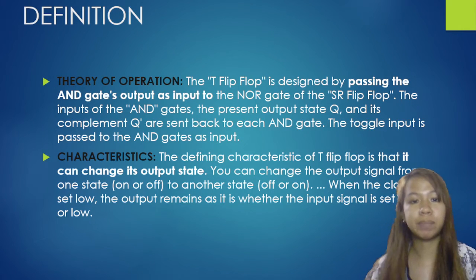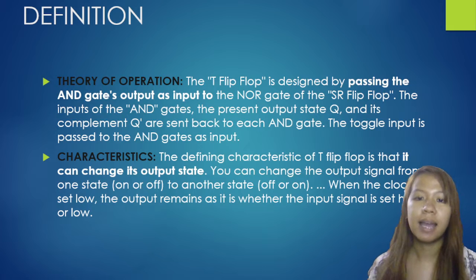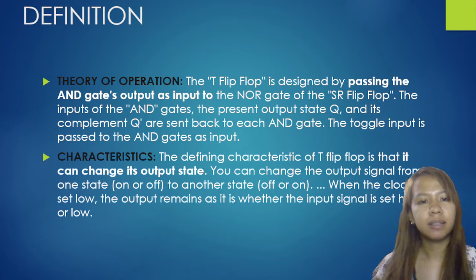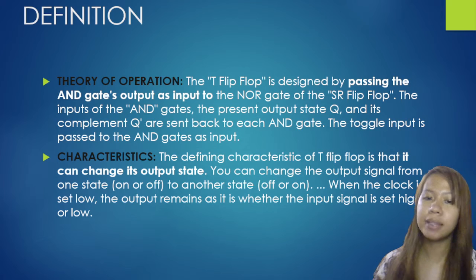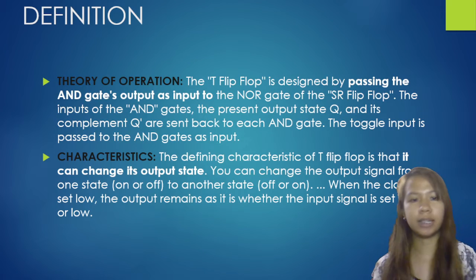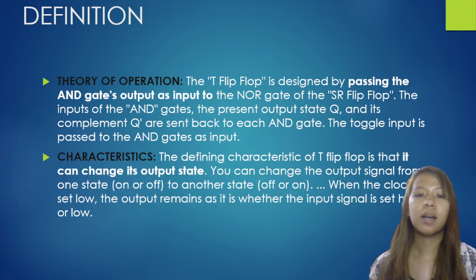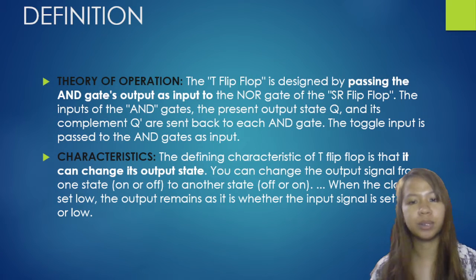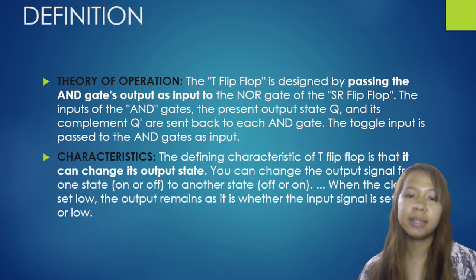The T flip-flop is designed by passing the AND gates' output as input to the NOR gate of the SR flip-flop. The inputs of the AND gates are the present output state Q and its complement Q bar, sent back to each AND gate. The toggle input is passed to the AND gate as input.